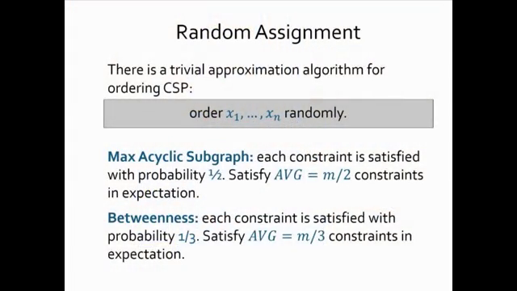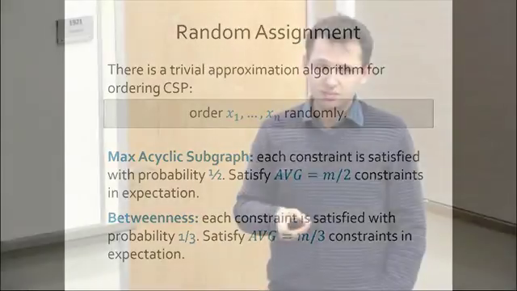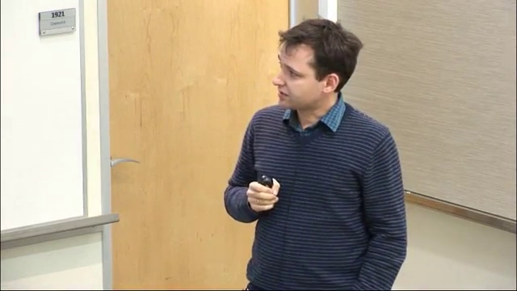What is known about ordering CSPs? There is a very simple trivial approximation algorithm for the problem. Let's just randomly permute all xi's and output a random ordering. How well does this algorithm perform?